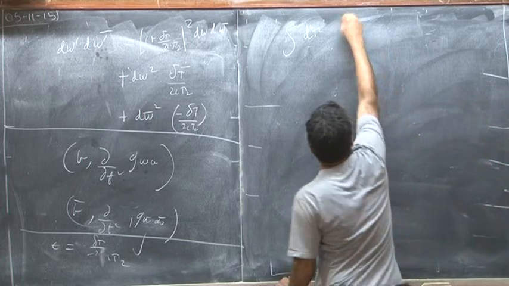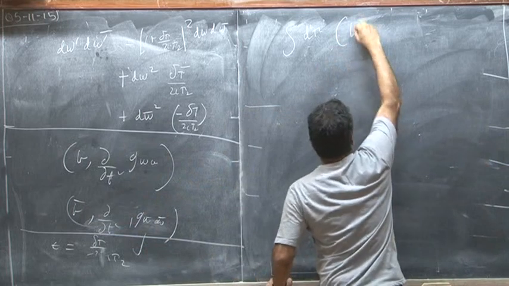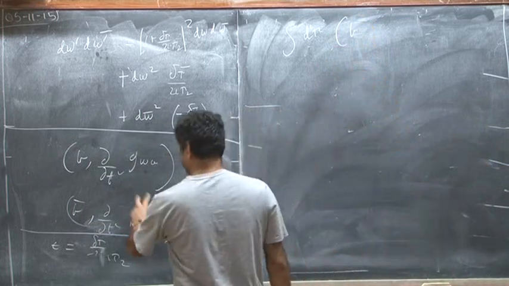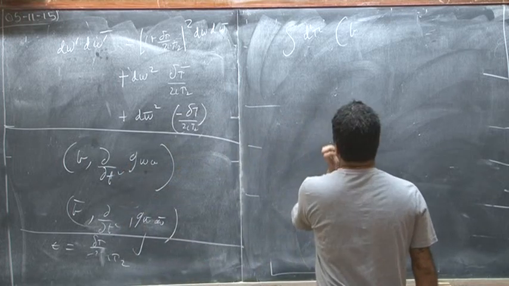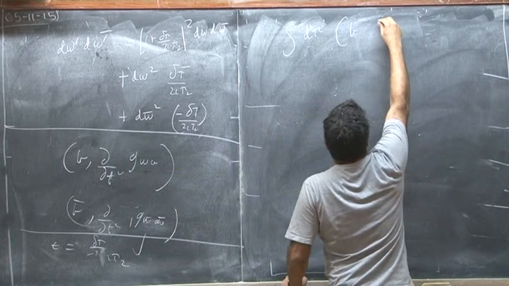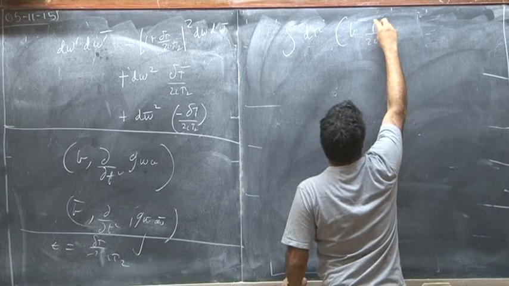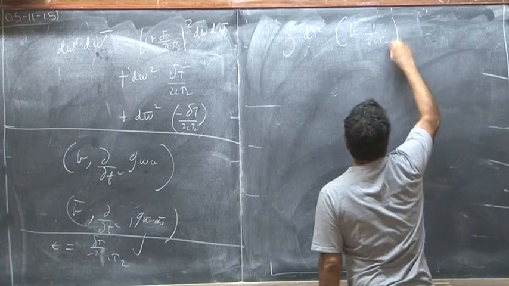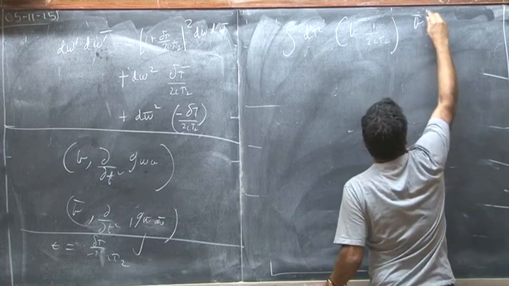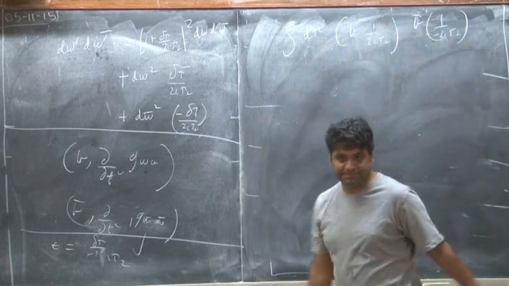And then we had this b times this derivative, which was 1 by 2 i tau 2, but otherwise just a constant. And the integral b bar, 1 by minus 2 i tau 2, but otherwise just a constant.